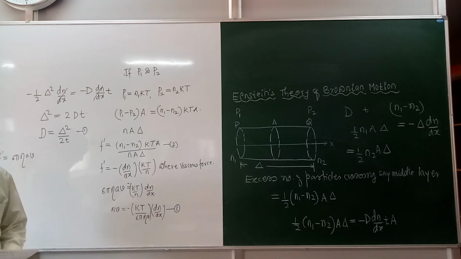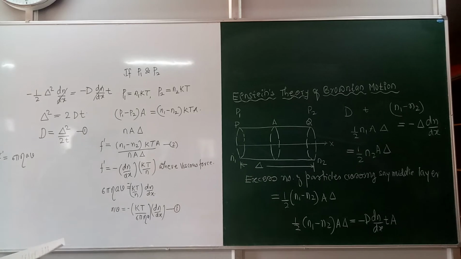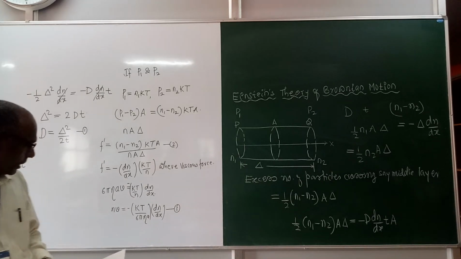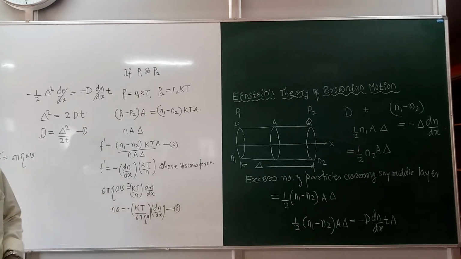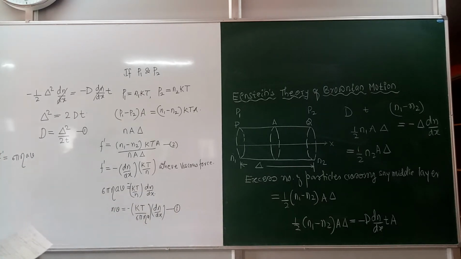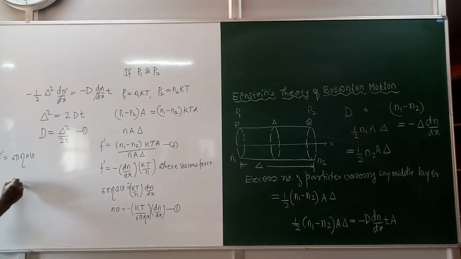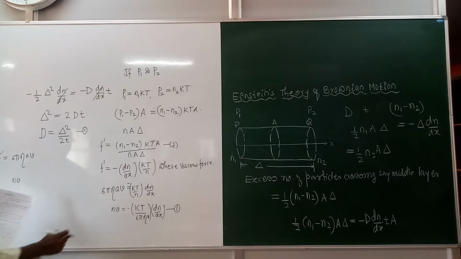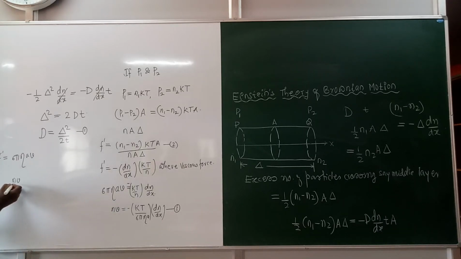This N V is the number of particles moving to the right per unit area per second. And we know N into V is the number of molecules per unit volume, here the number of particles, that is mean concentration into velocity.